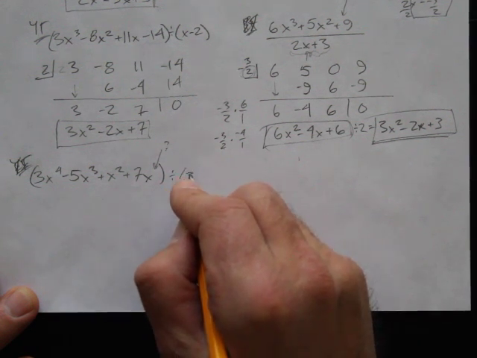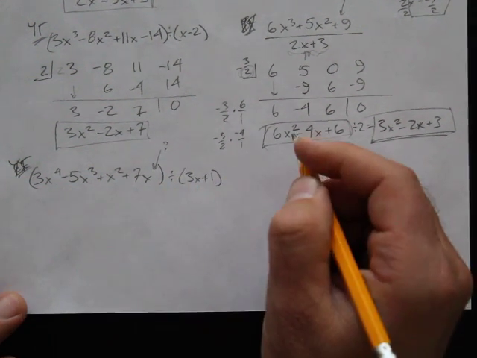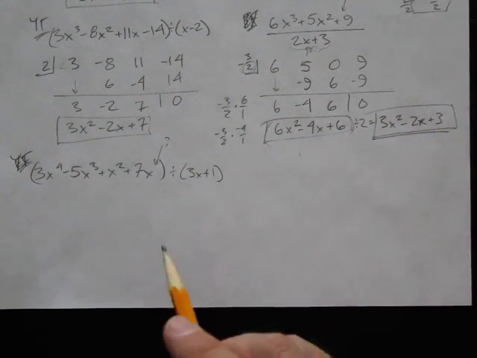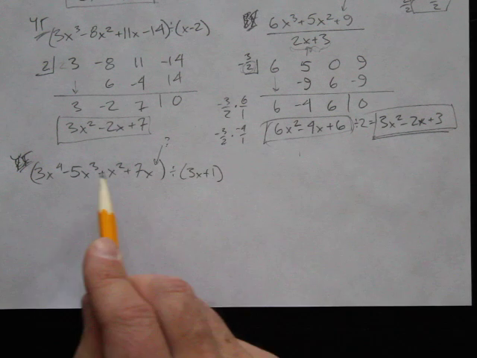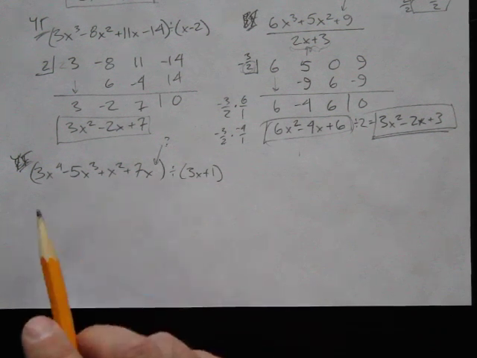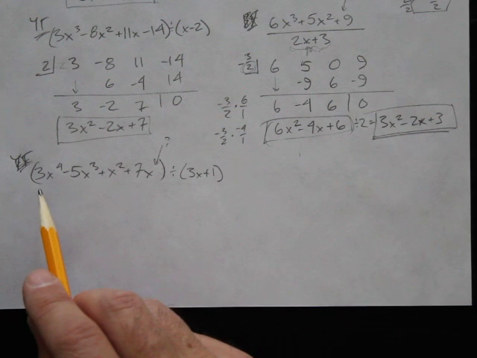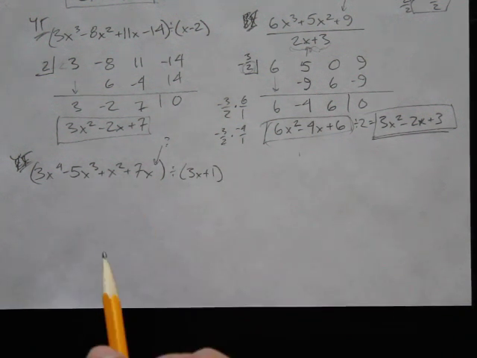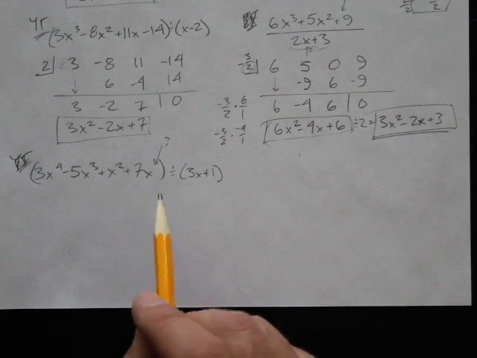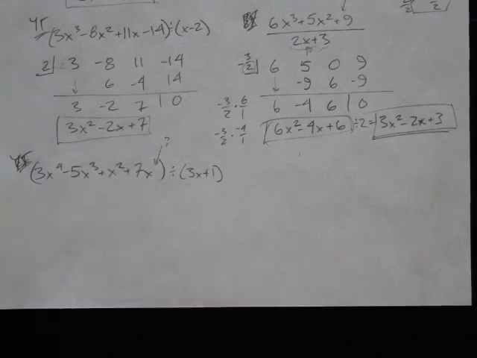Divided by 3x plus 1. Okay. The book divides this whole thing by 1/3. And then they do this whole thing that way. I recommend doing it my way because it's just a little bit cleaner. But, you know, do it however you want. Go.